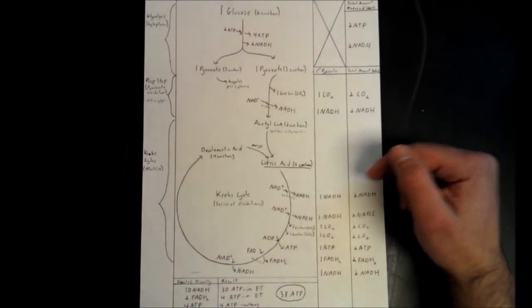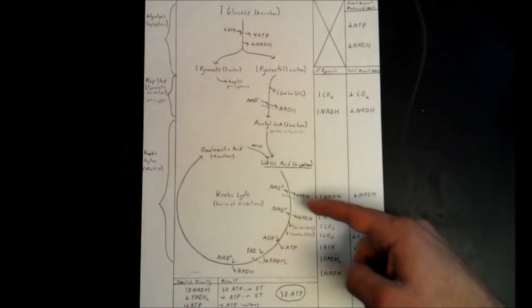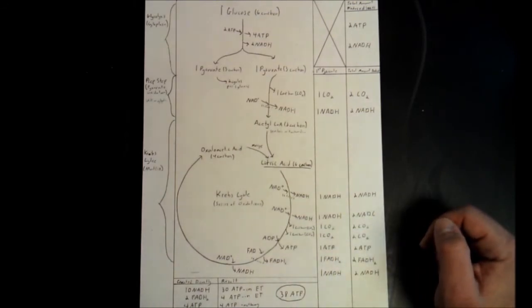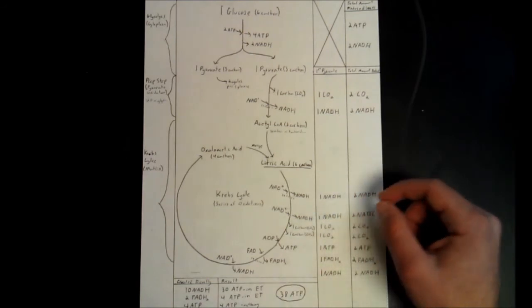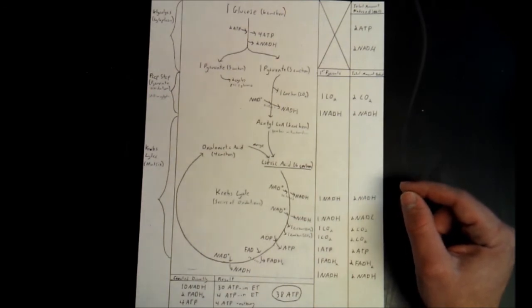We start out with NAD that gets reduced into NADH, happens again right here, and then we have 2 carbons that are broken off and that forms 2 CO2s, you can see right over here. In between all of these different steps, it does form different carbon molecules, but those carbon molecules exist so that we can reduce these molecules and use them later on in your electron transport chain.